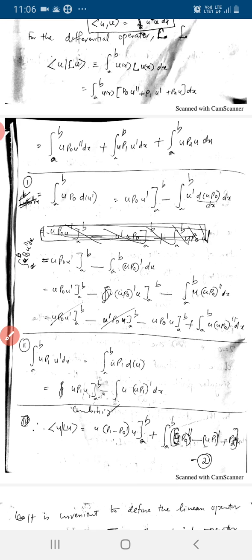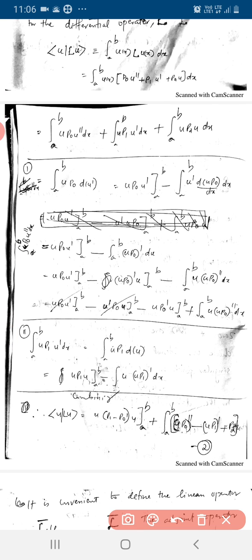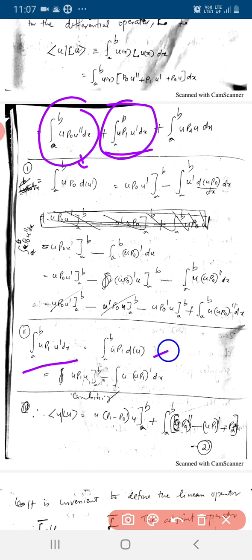And from the second one, integral a to b u p1 u prime dx, that is written here. Integration by parts, and you will be getting this: u p1 u limits a to b minus integral u p1 prime dx.